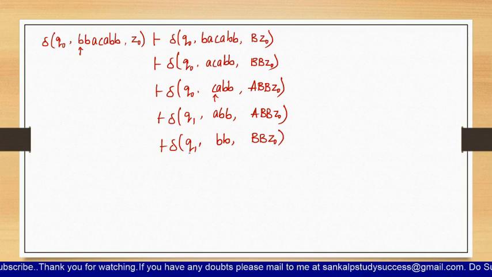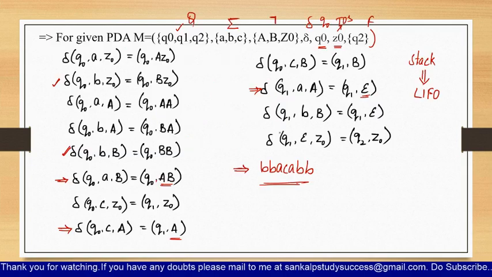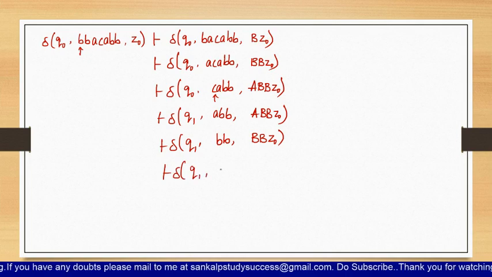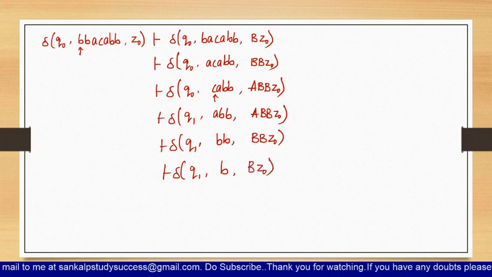Now we check whether there is a move from Q1, small b and capital B. Yes, and again our move is Q1 comma epsilon. So we remove another B, because it is the top of the stack right now; last in, first out. We are left with capital B Z0.